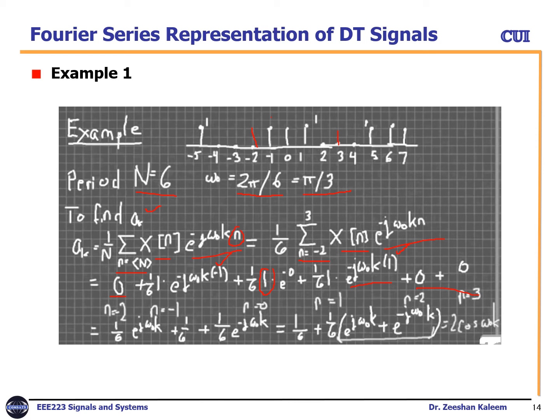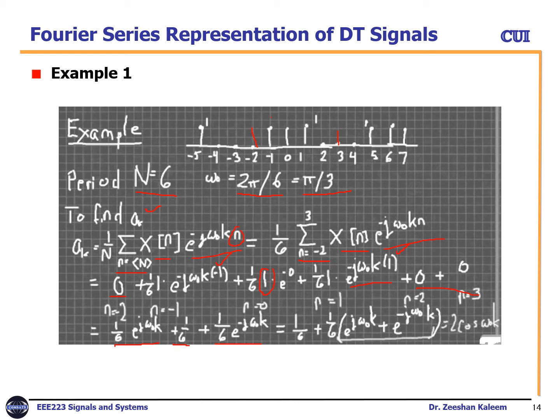Let's rearrange them in terms of omega naught k and minus omega naught k. So 1 over 6 e to the j omega naught k, plus 1 over 6 as a constant, then 1 over 6 e to the minus j omega naught k. If we write this equation again, taking common 1 over 6, we have e to the j omega naught k plus e to the minus j omega naught k. You know that if this is divided by 2, it is equivalent to cos omega naught k.